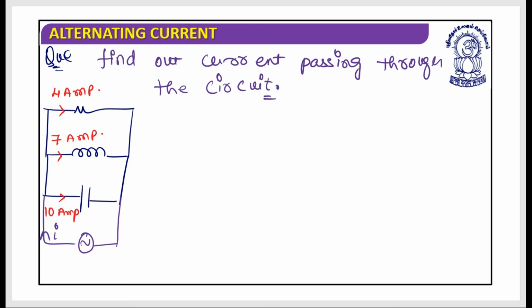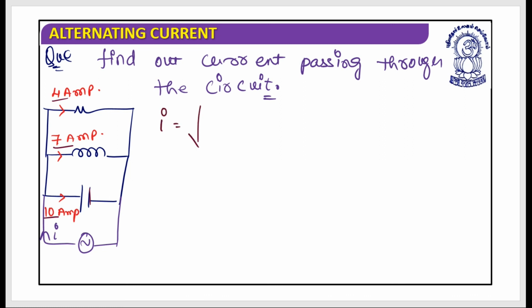You need to find out the current that is to be passed through the circuit. Do not make a mistake: this is 10, this is 7, this is 4, and it's 10 plus 7 plus 4, which is 21. No, you cannot do this, because this is alternating current. Each current would be out of phase, making a certain angle with the others.